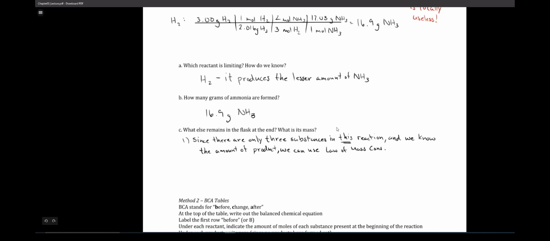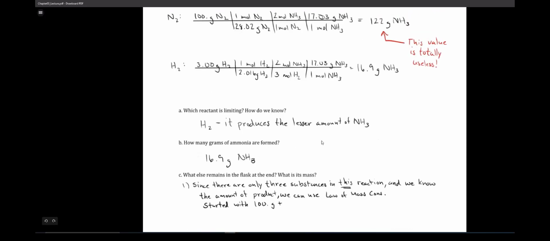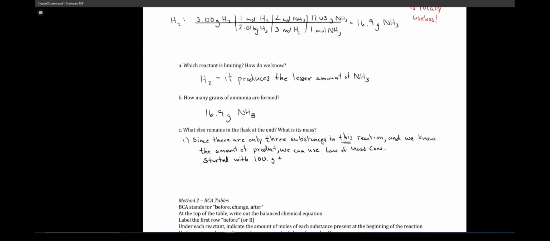So in other words, we started with how many grams of chemicals? We started with 100 grams plus 3 grams. What's the sig digs on that? It's 103 grams, right?